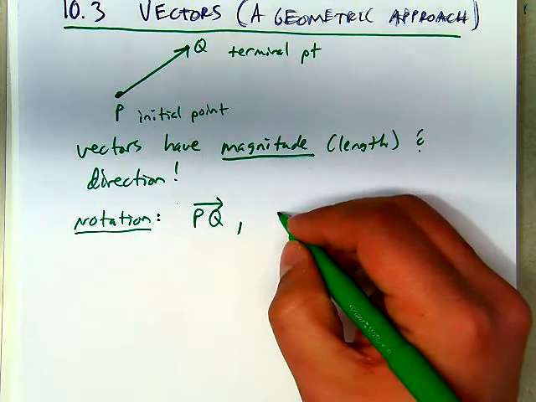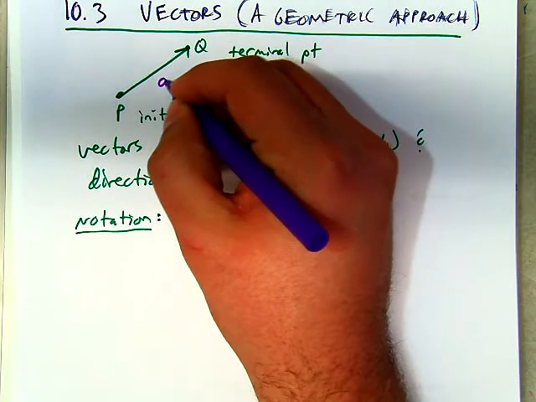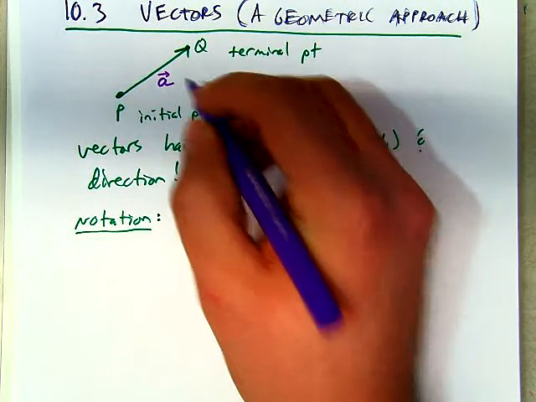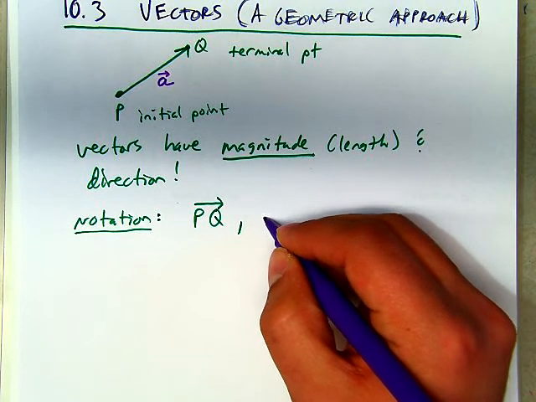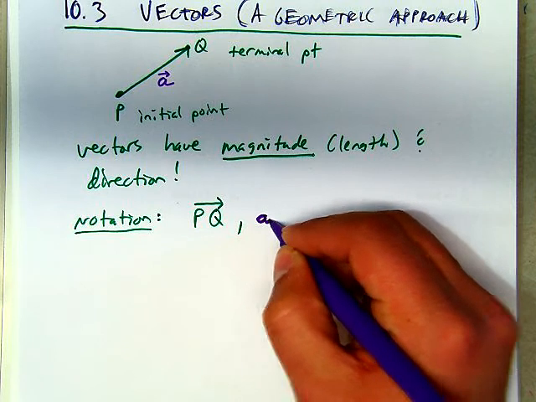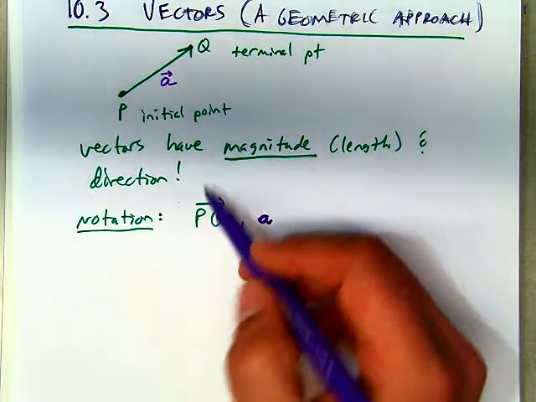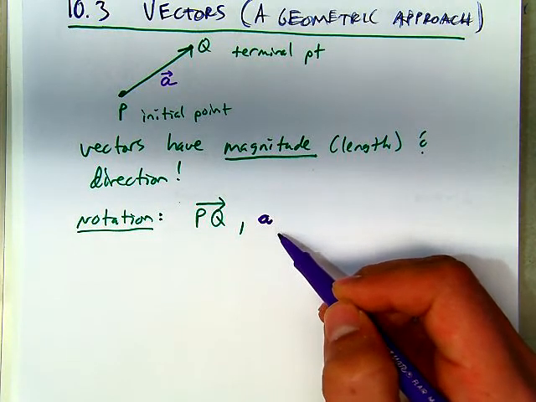Sometimes, for instance, if I wanted to call this A, the book, since they have the ability to do bold letters, will use a bold lowercase letter. So this vector here can be written as vector PQ or vector A.